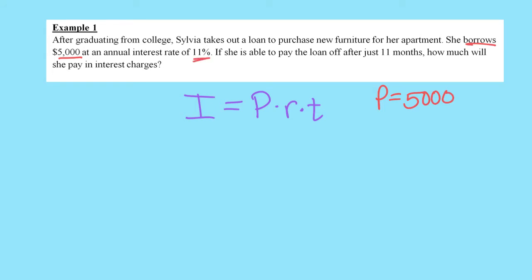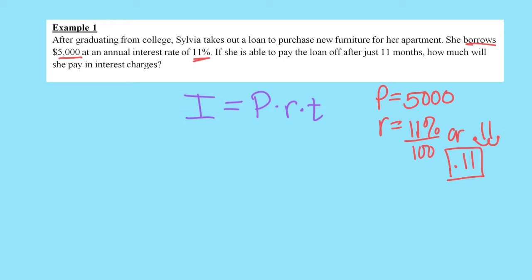What is her rate? 11%. And again, you can convert that by dividing by 100 or moving the decimal twice to the left, and it would be 0.11 that you would use for the rate.